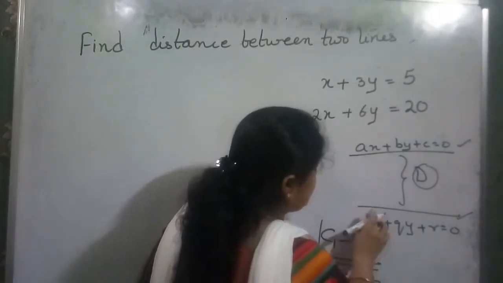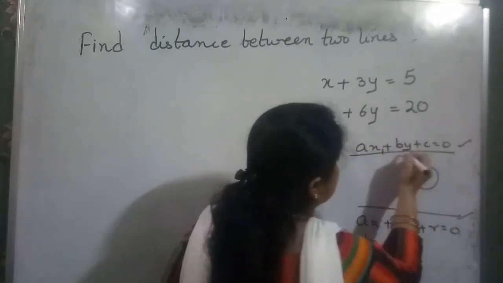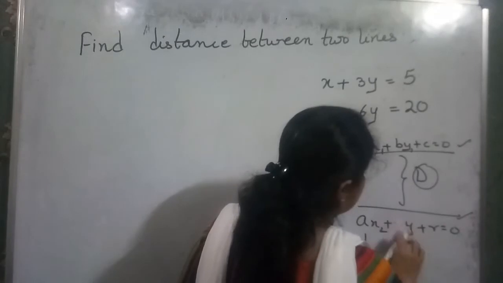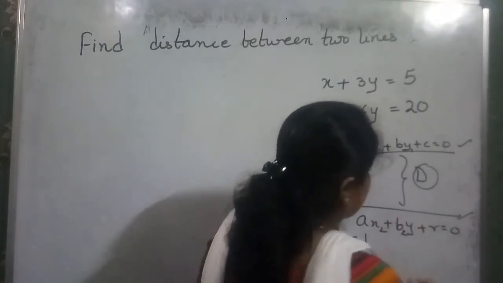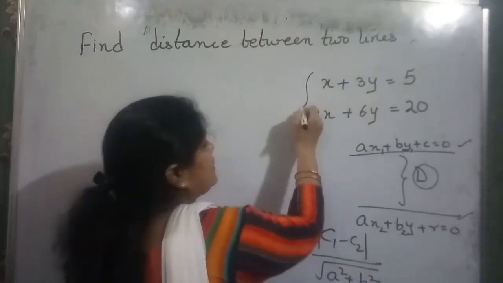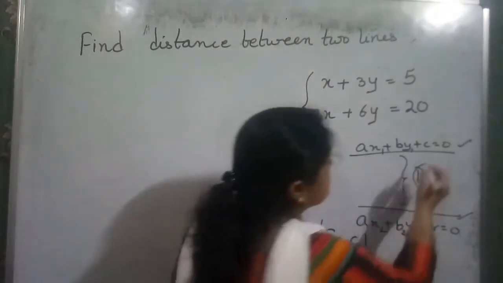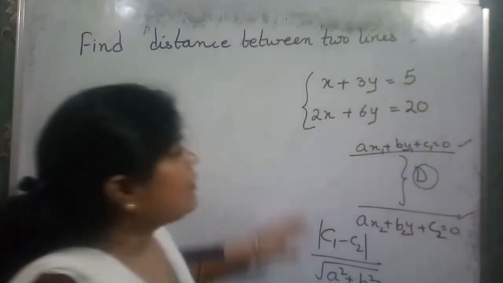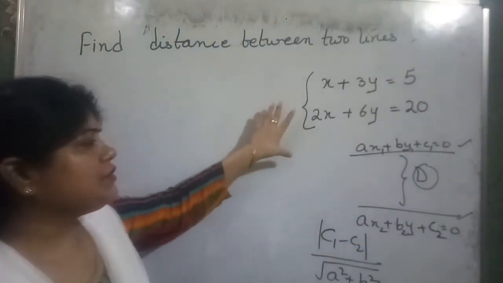So here we have x1, y1 and x2, y2, in this way. I will try to explain it with the help of one example. Okay. For example, this is C1 and this is C2. Now I am going to explain with the help of this question.